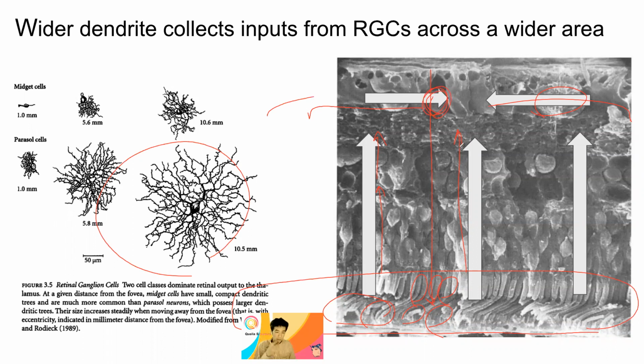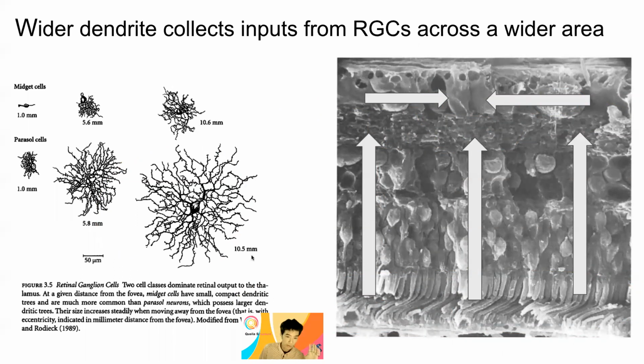And depending on the inhibition or excitation, for example, if this is an on-center cell, then it collects the excitatory information around here, and then inhibitory information around the surround. That's the on-center cell. But the important thing is that the extent of the dendrite becomes bigger as the retinal ganglion cells are located in the periphery.